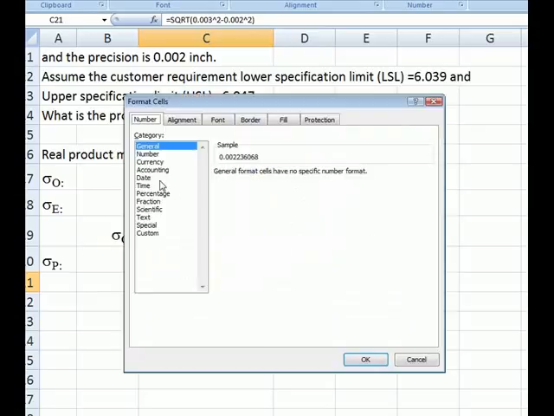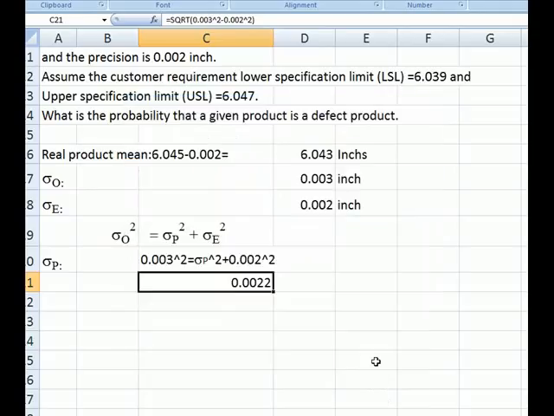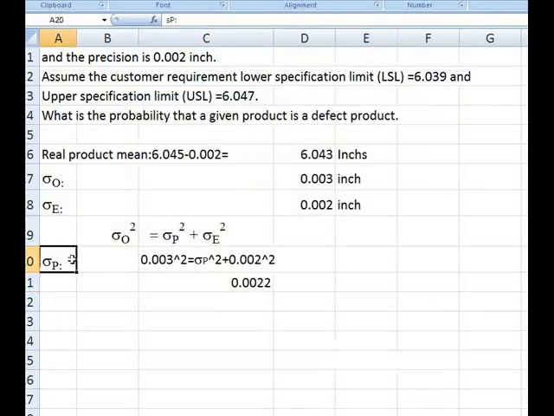So we can reduce the number of decimals. Format cells, number, I only need 3 decimals, maybe 4 decimals here. So 4 decimals. So this is the standard deviation for the process.